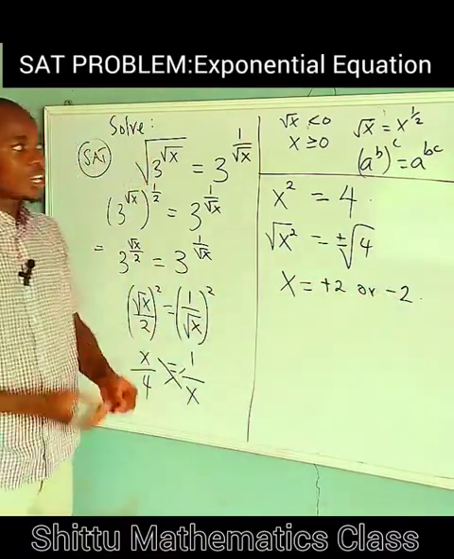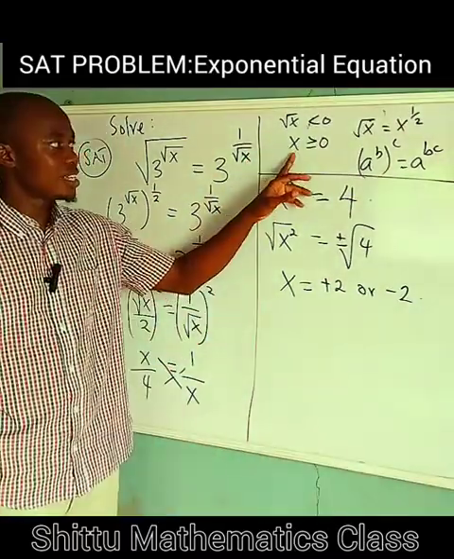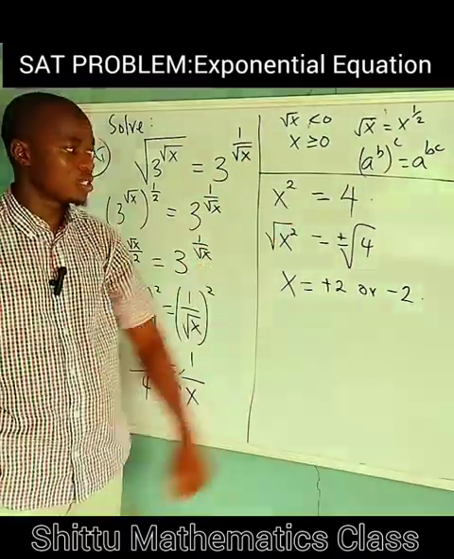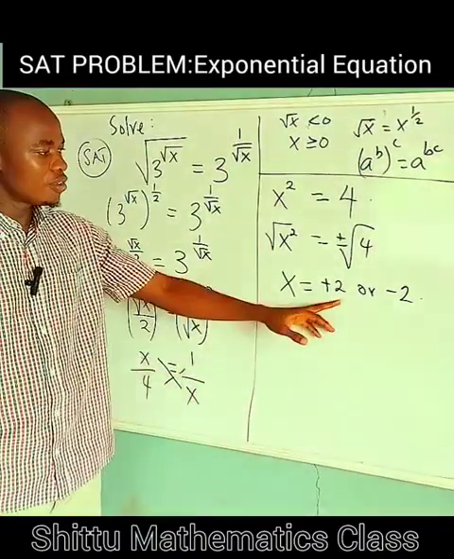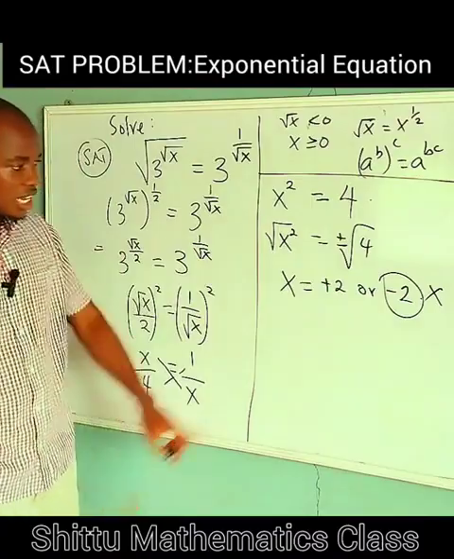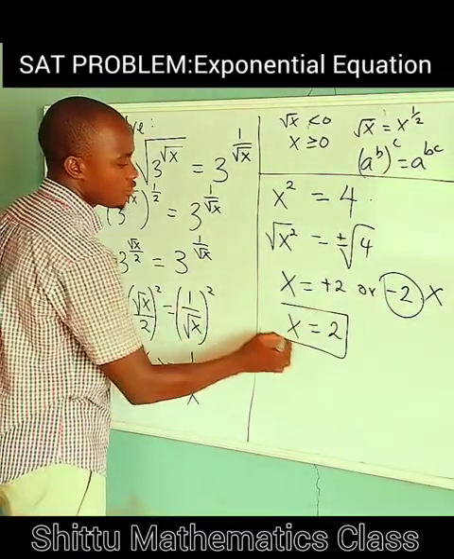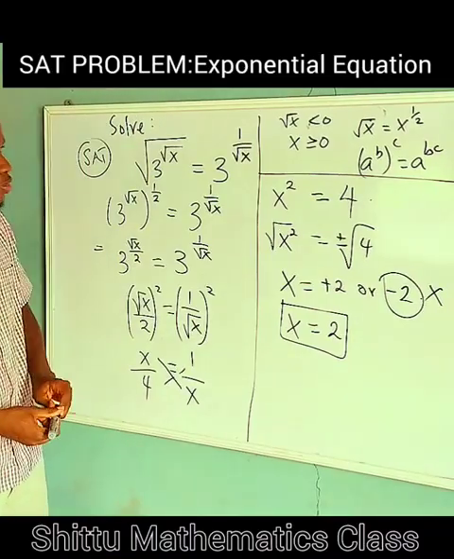According to what I said earlier at the beginning of this class, x will always be greater than or equal to 0, that is positive. Therefore the one that is giving us minus will be rejected, and we accept x equals 2. So x equals 2 is the solution to this problem.